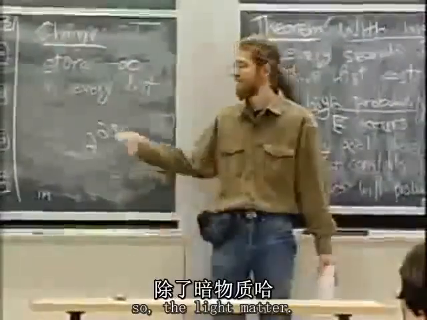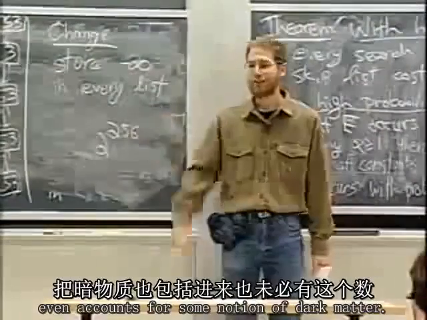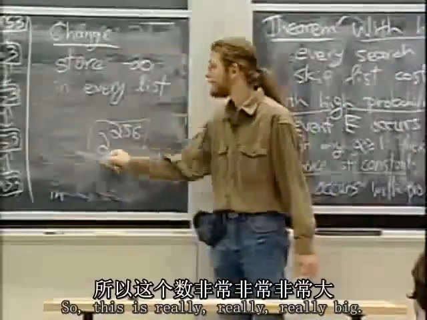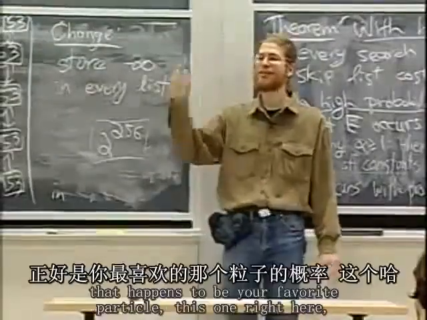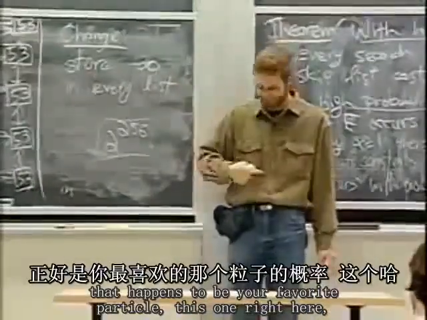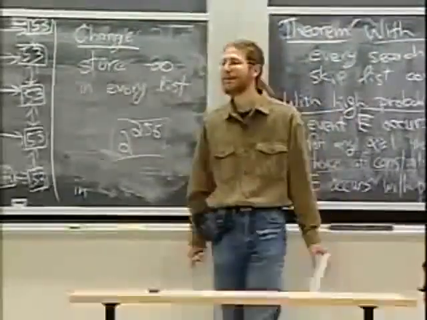I think this even accounts for some notion of dark matter. So this is really, really, really big. So the chance that you pick a random particle in the universe and it happens to be your favorite particle, this one right here or something, that's 1 over 2 to the 256, or even smaller.